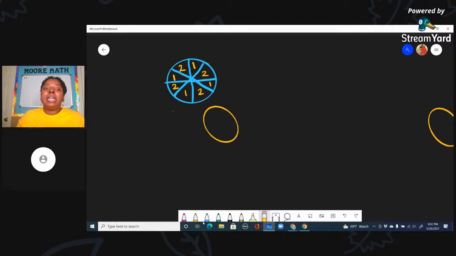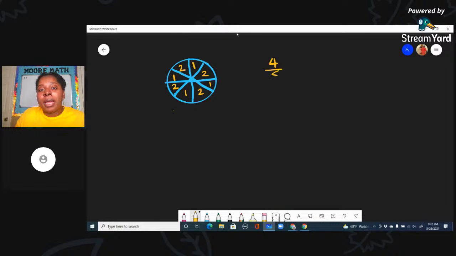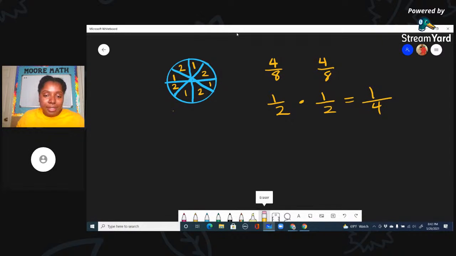What's the probability of spinning the spinner and then getting a 2 and then a 1? 4 out of 8 and 4 out of 8. Good. Okay, which is the same as 1/2. Good. And what are we going to do with these two probabilities? Multiply them. Excellent. And we get 1/4. Yes. Okay.